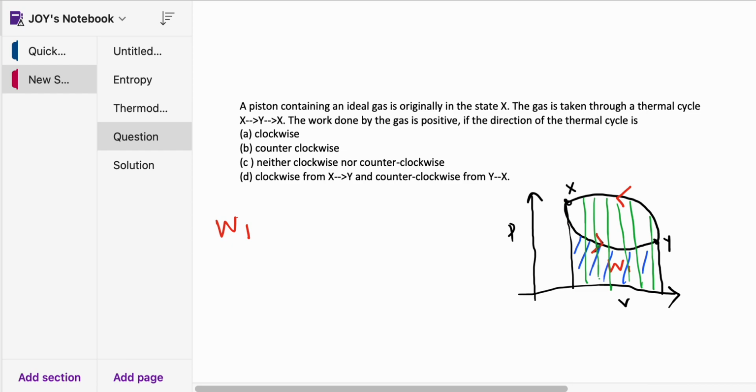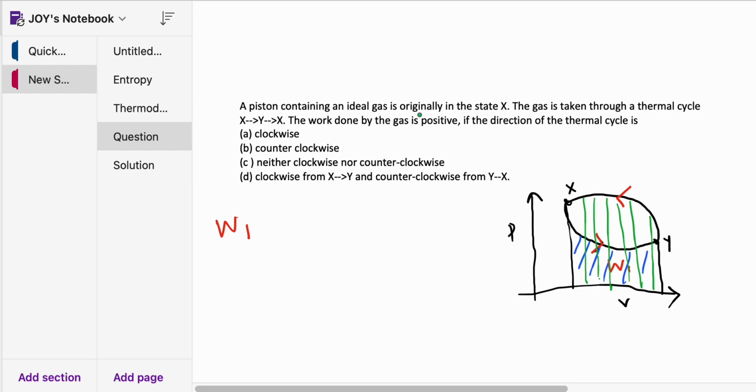So that much work we will get, right? The work done by the gas is positive. Here this much work is done, and if we want to increase the volume of this gas, that means we have to give some work to the system. We have to do some work on the system.